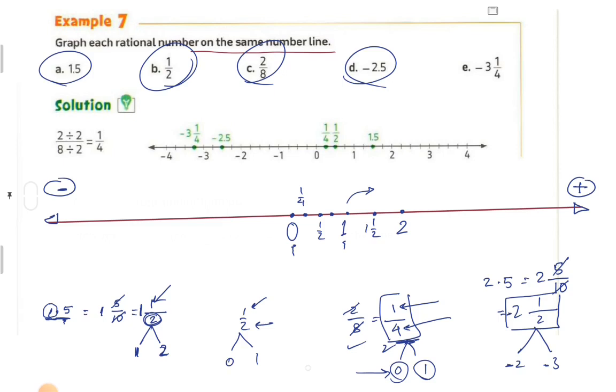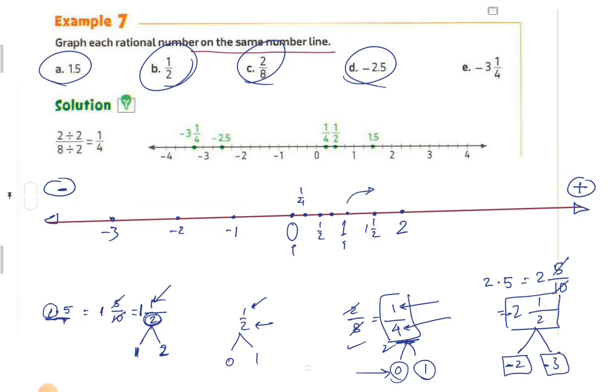So I need to represent negative 2 and negative 3. Here we have 0, negative 1, negative 2, negative 3. Now let's see where to start, with negative 2 or with negative 3.